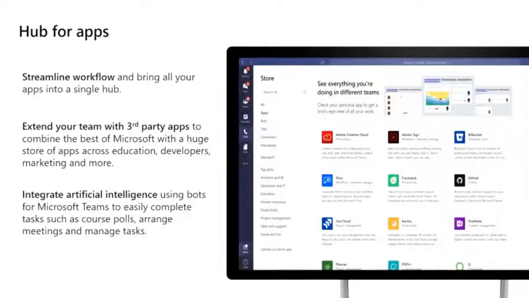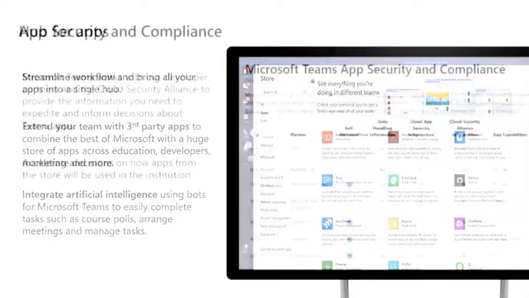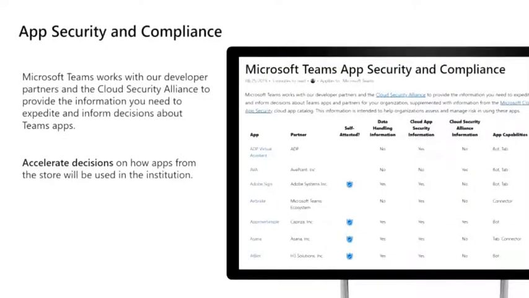Now, absolutely, we've heard feedback about the data that is being used within those services, and this is where, if you search for the Microsoft Teams apps security and compliance, we have public documentation which goes through all of the applications that are part of the Cloud Security Alliance information.